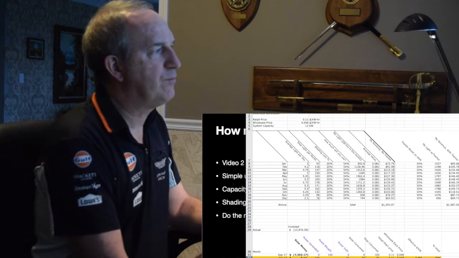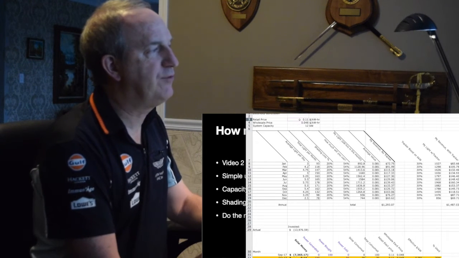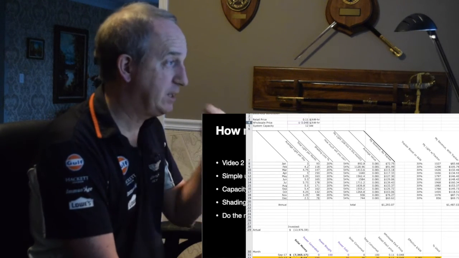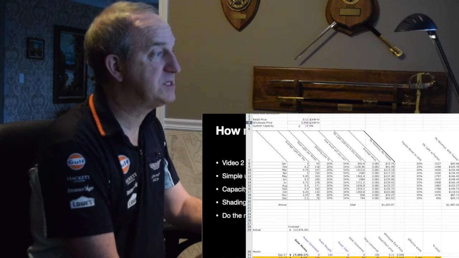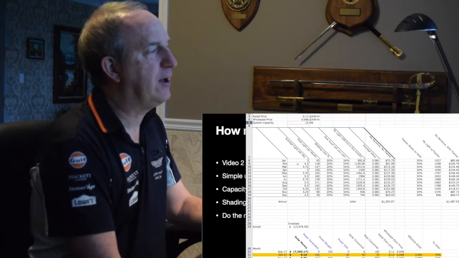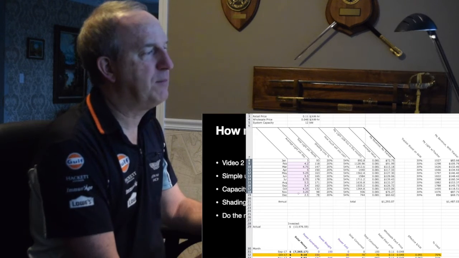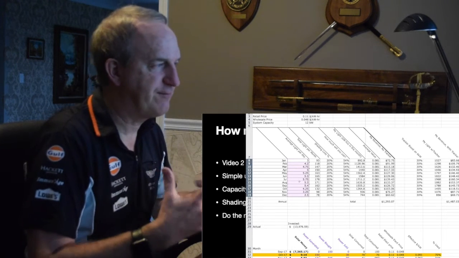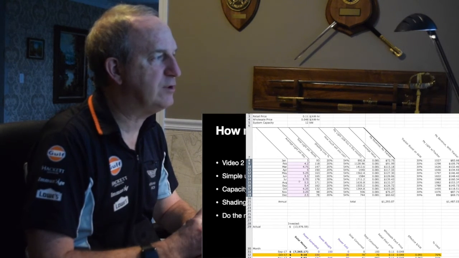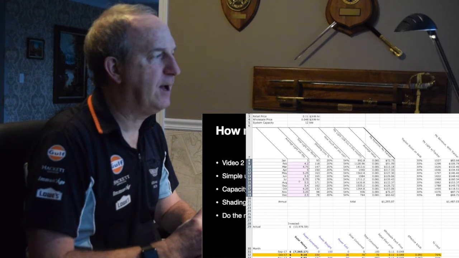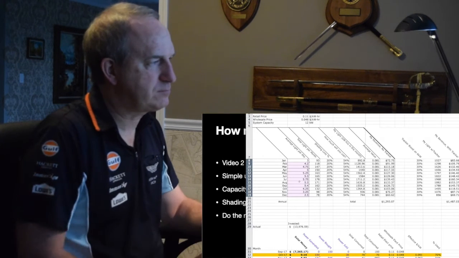And so we've got the retail price of the electricity and the wholesale price of the electricity. I have the system size. And then down here in the first column, we have that number, which is how many average full light hours do you get each day in each month.